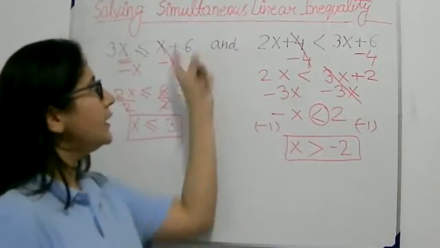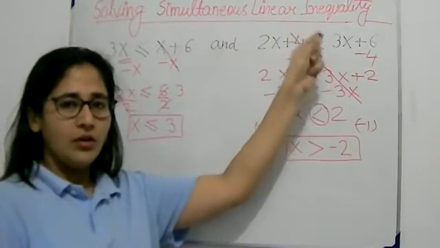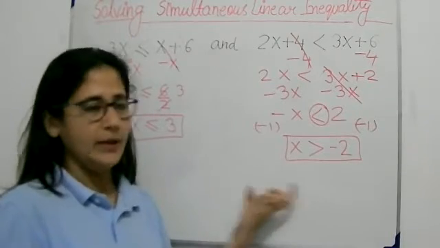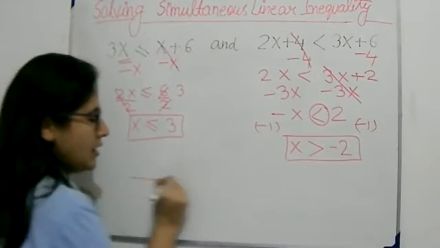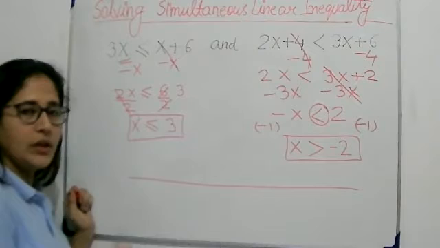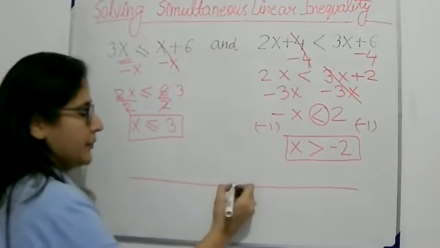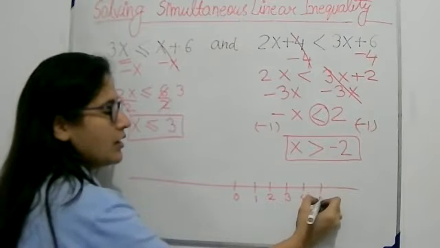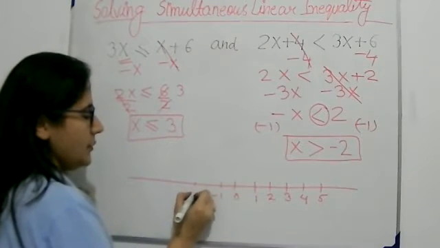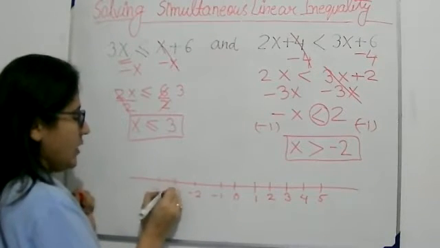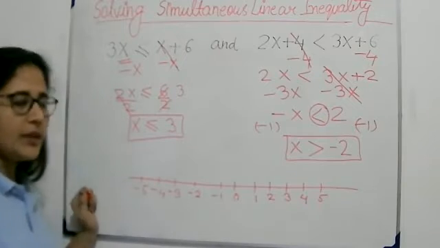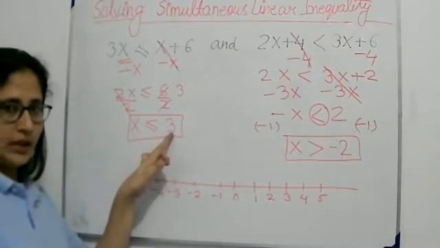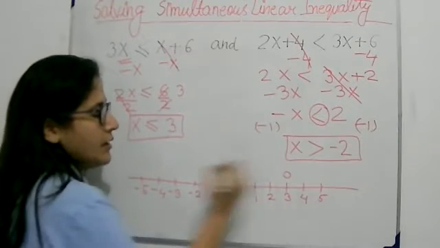But this is a simultaneous linear inequality, so we will find only the common solution of each inequality. Let's represent these solutions on a number line. 0, 1, 2, 3, 4, 5, minus 1, minus 2, minus 3, minus 4, minus 5. First inequality is x less than or equal to 3. 3 is here.